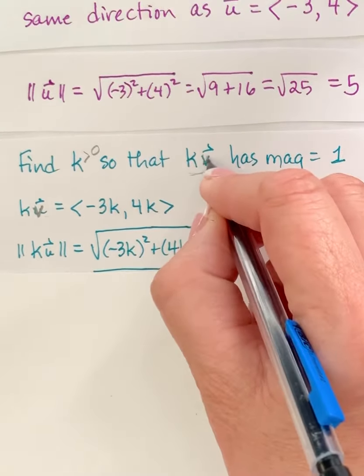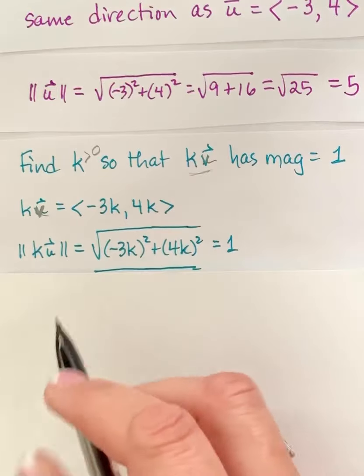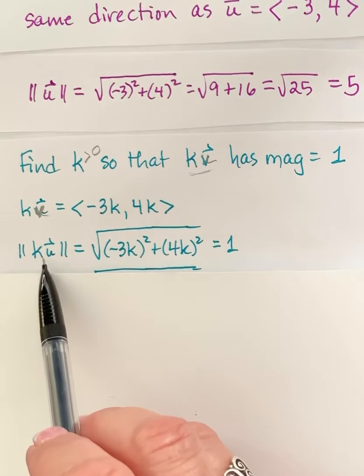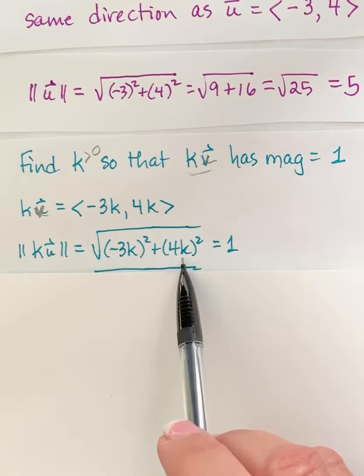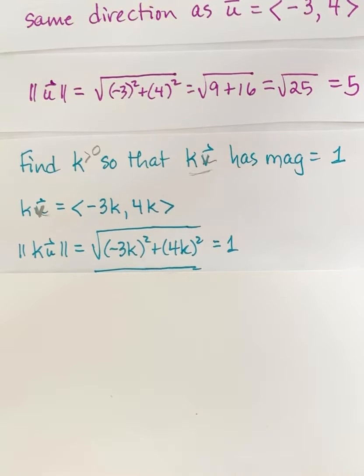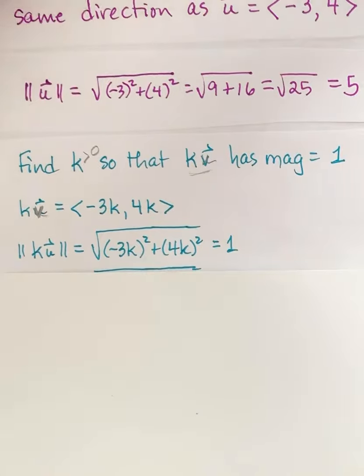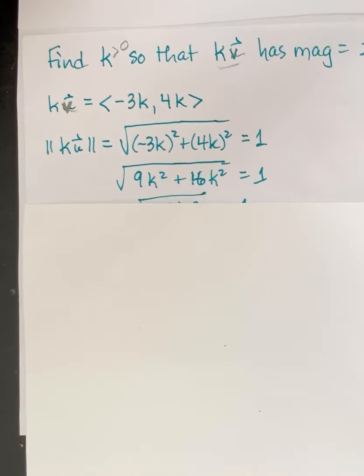I think I've changed my letter here. It's supposed to be u, not v. The magnitude of k vector u will be the square root of -3k squared plus 4k squared. That's supposed to equal 1. That's what we're trying to do. So that will be the square root of 9k squared plus 16k squared, which needs to equal 1.